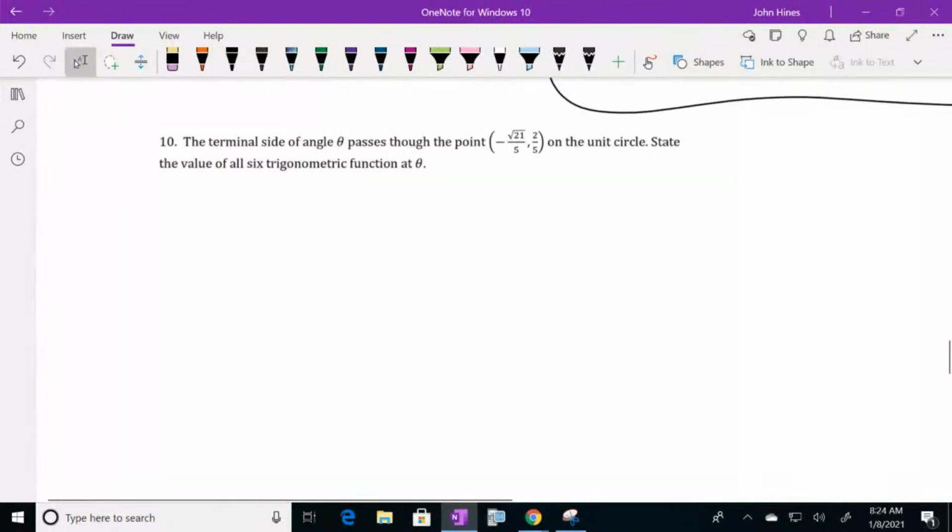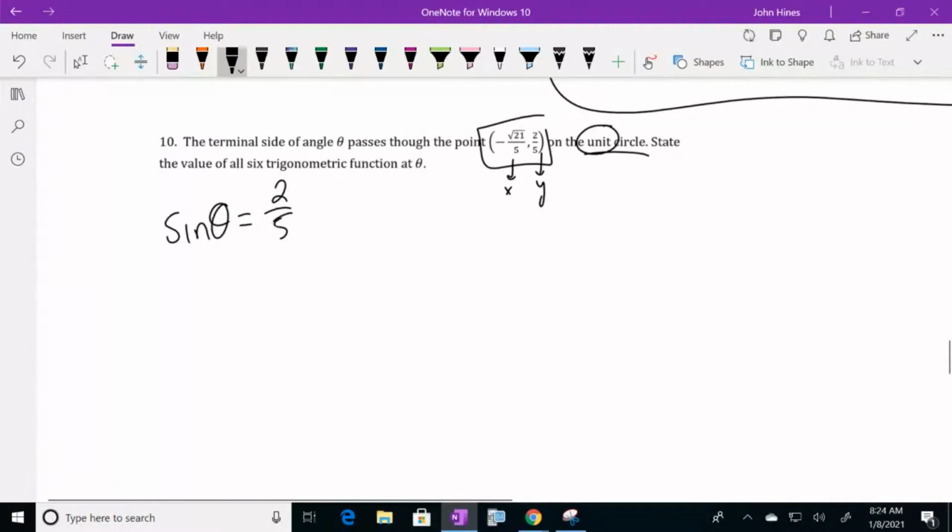The terminal side of an angle passes through this point on the unit circle. So right away, I know x and y. I'm on the unit circle, so I already know sine is vertical. Sine is 2/5. I know cosine is negative square root of 21 over 5. I know sine, I know cosine. How do I find tangent?